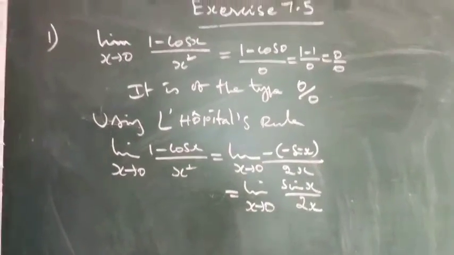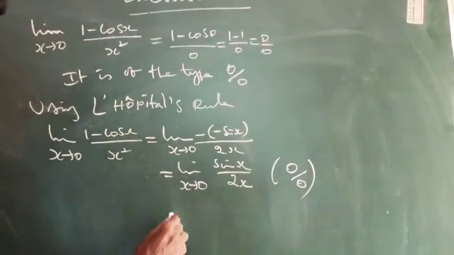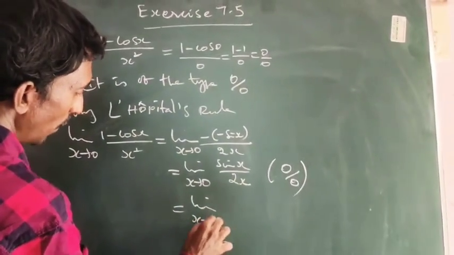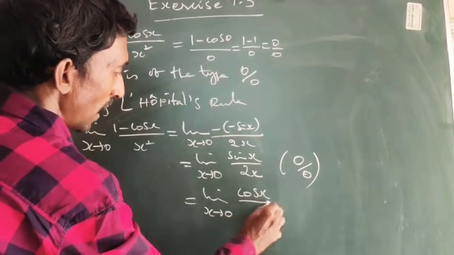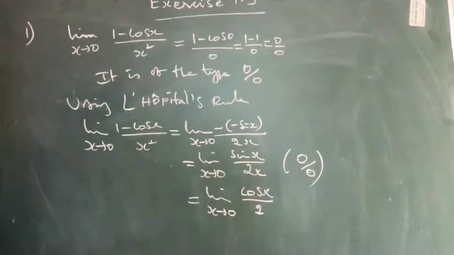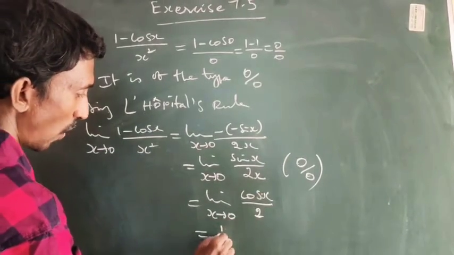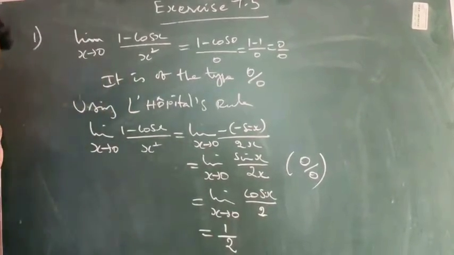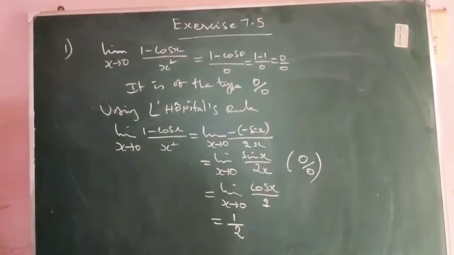Sin 0 is 0, so again we are getting 0 by 0 type. So once again differentiate. Sin x differentiation is cos x. Denominator differentiation is 2 into 1, 2. Now put x equal to 0. Cos 0 is 1. So 1 by 2. That is the value of the original function.